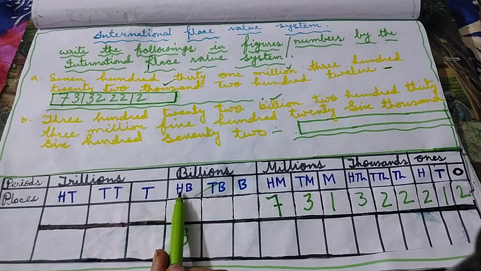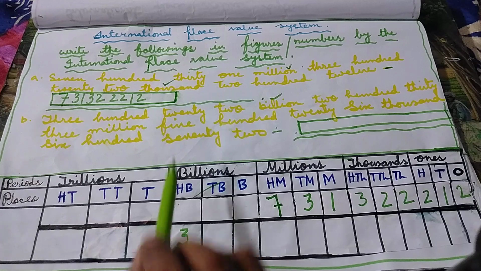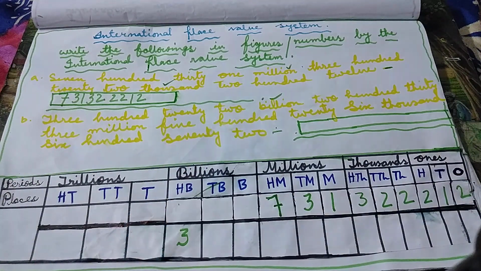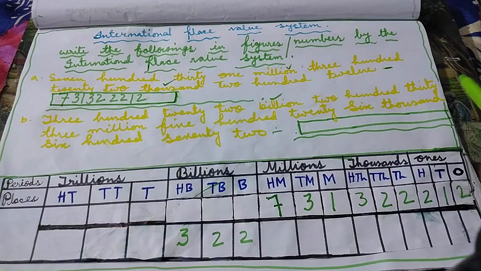So, in the hundreds place, we will write 3. Then 22. Tens and ones together make 22. Complete. Go to the other part.